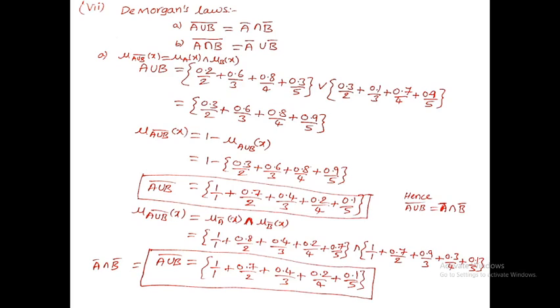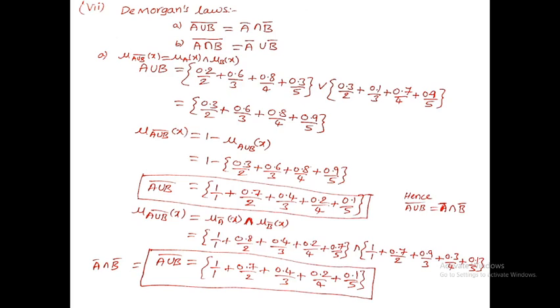The resultant of A complement and B complement is nothing but last box. So both the boxes are same. That means hence A union B whole complement is equal to A complement and B complement. That's what we got. De Morgan's law. As per De Morgan's law, we got the correct result.